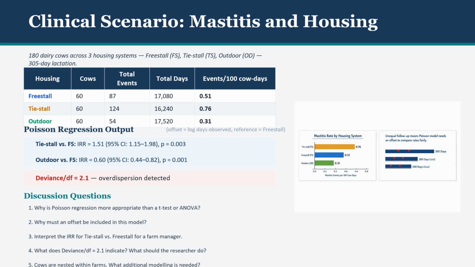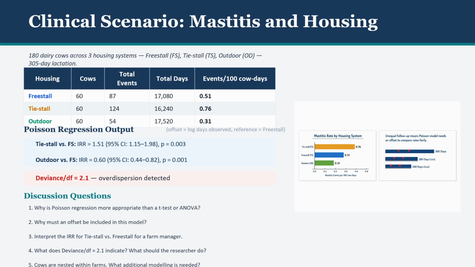Question 5. Clustering of cows within farms. If all 60 cows in each housing system come from the same 3 farms, 20 cows per housing system per farm, then cows within the same farm share management practices, feed quality, milking hygiene, and herd level disease history. They are not independent observations.